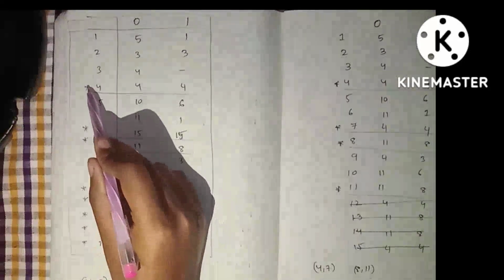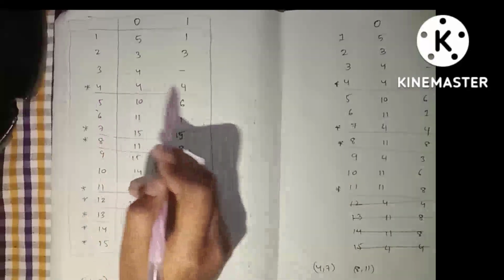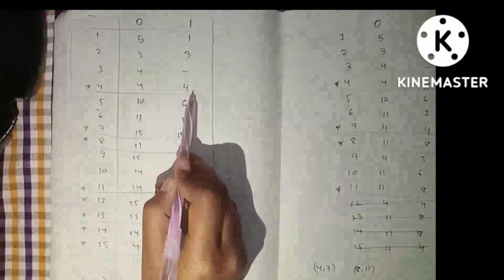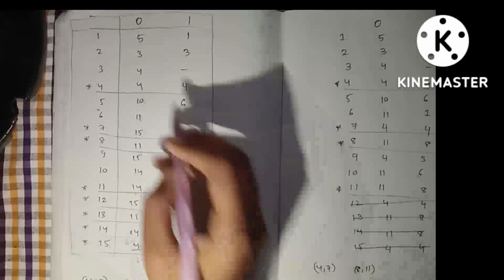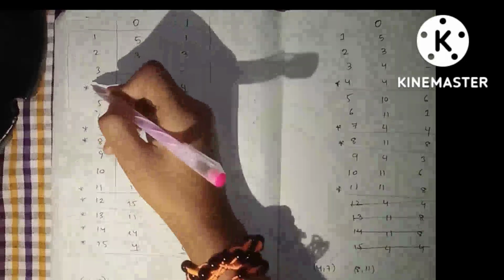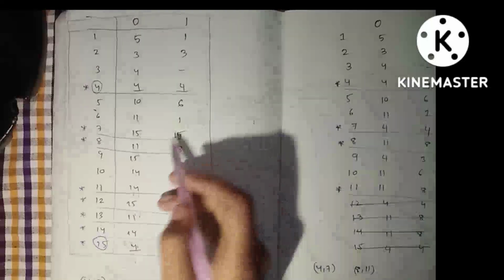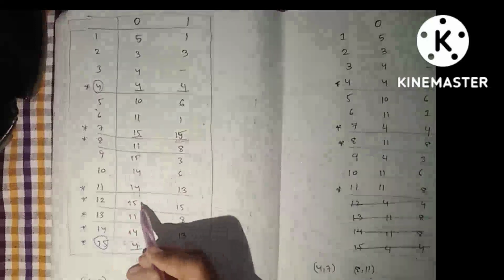Now observe here. Just observe the star parts. Wherever there is 4, it is getting repeated here, and here 4, 4. So this is 4, this is 4, this is 4, this is 4. So I am writing 4 and 15 combiningly. Similarly, observe here 7, there is 15 here, there is 15 here, there is 15 here.